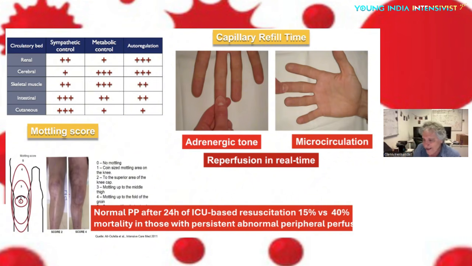So you can see this in a costless way, universally available at the bedside, and you can say, okay, I got reperfusion. And from the epidemiological perspective, we have a lot of studies that finally demonstrated that there is at least 20% of difference in mortality of patients that rapidly normalized peripheral perfusion compared to those who did not. So it's very important.